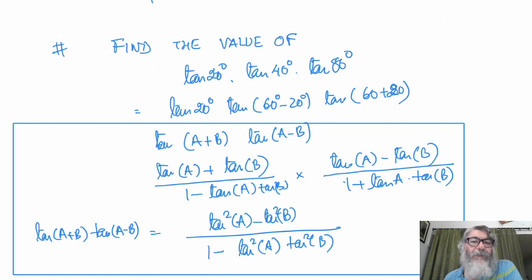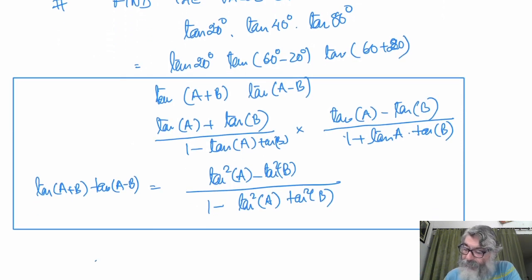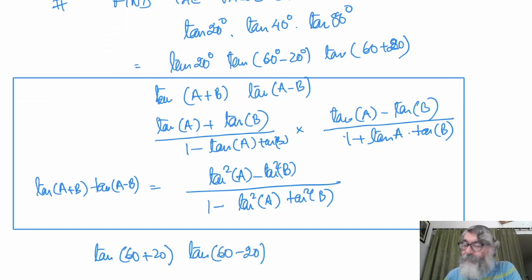So I have actually tan(a-b) into tan(a+b), or tan(a+b) into tan(a-b). So we can use this. Tan(60+20), suppose I take a plus b first, and tan(60-20). 60 plus 20 is 80, 60 minus 20 is 40, which was given in the question.